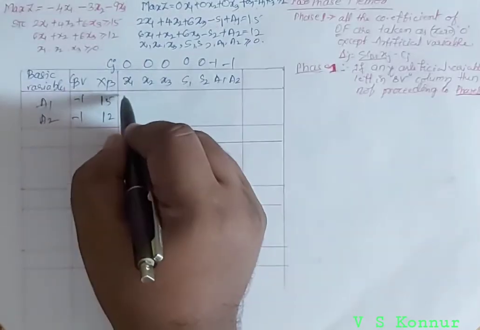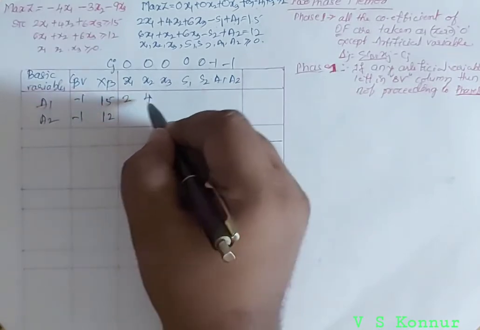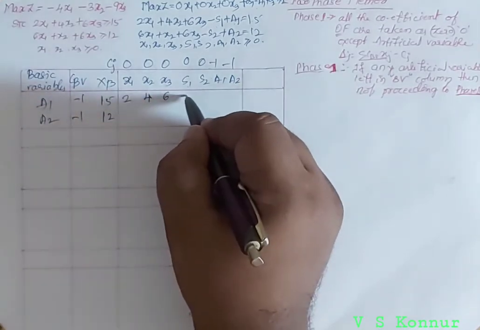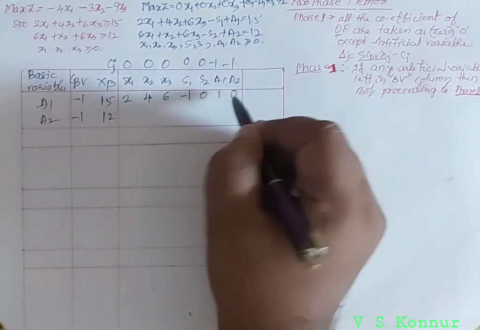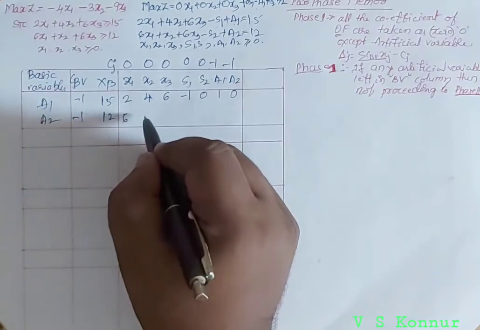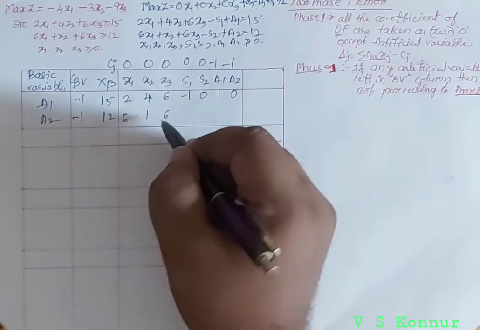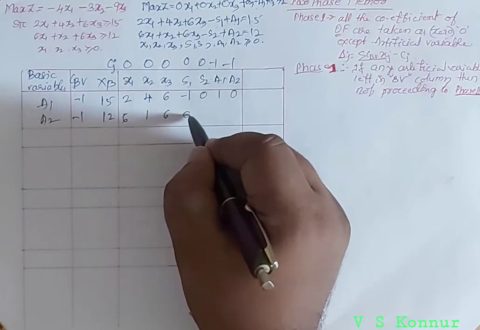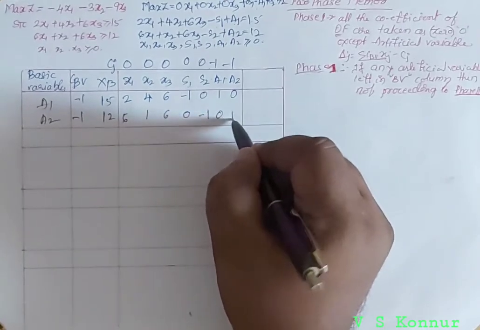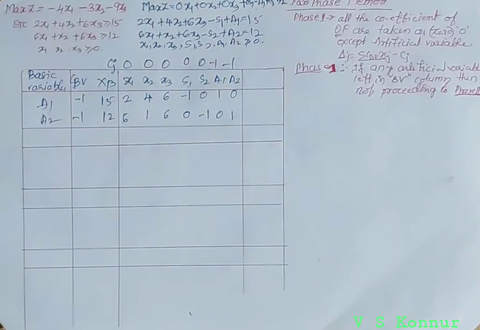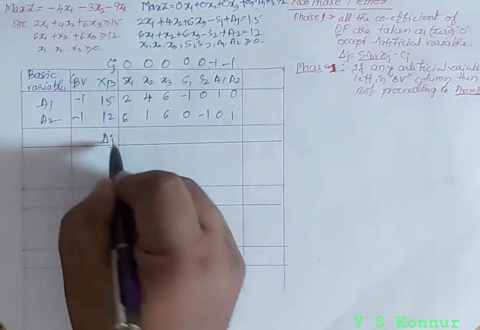First constraint I will take 2, 4, 6, minus 1, 0, 1, 0. Second constraint 6, 1, 6, 0, minus 1, 0, 1. So this is the constraint, and this is the standard form. Now we should calculate delta j.